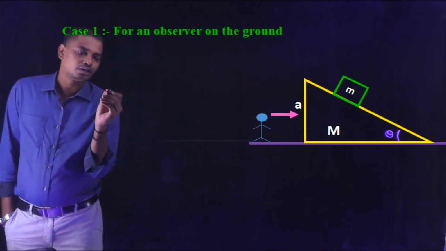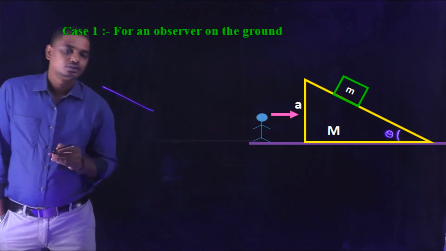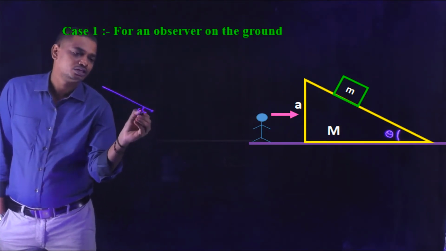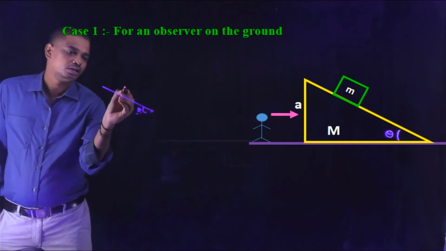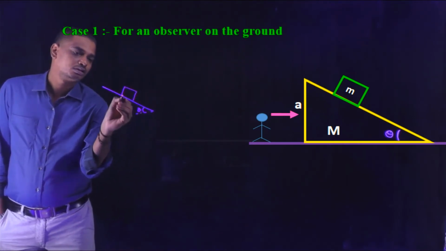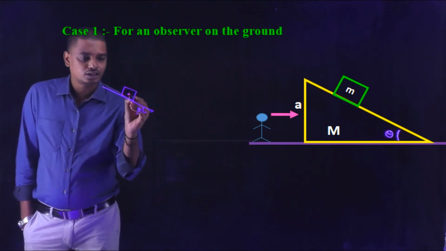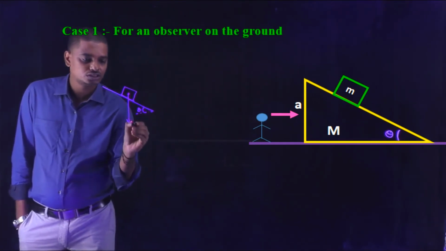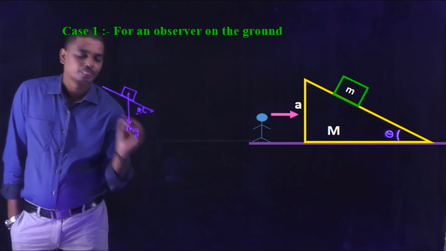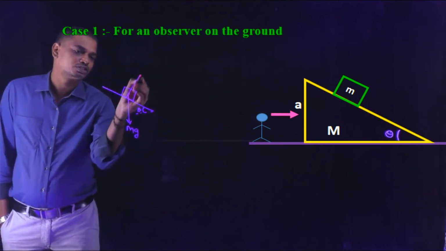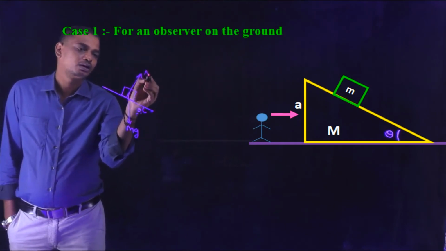If you draw a free body diagram, this is the inclined plane with the angle of inclination theta, and here is the block whose weight acts vertically downwards towards the center of the earth, that is mg, and the normal reaction is perpendicular to the surface of contact, that is, normal reaction N.